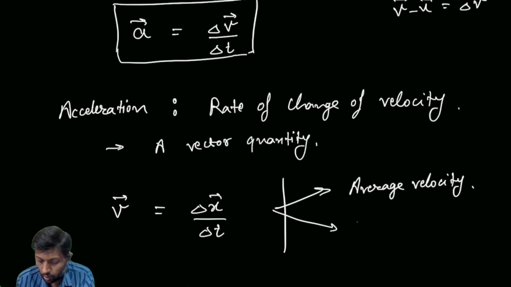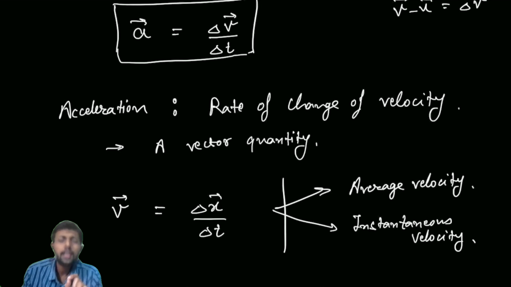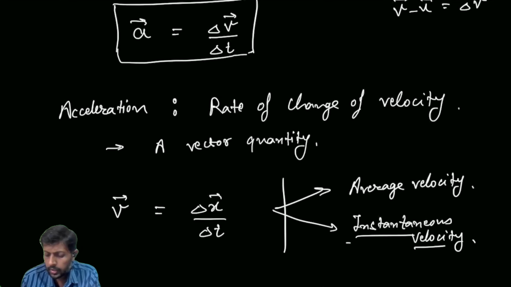And then there was something called instantaneous velocity. Whenever we try to figure out what is the velocity at a given instant for a very, very small time interval, let's say at 1 second, what is the velocity?